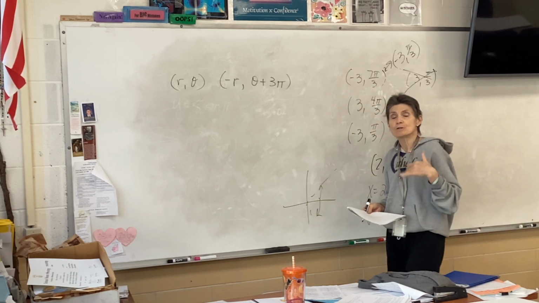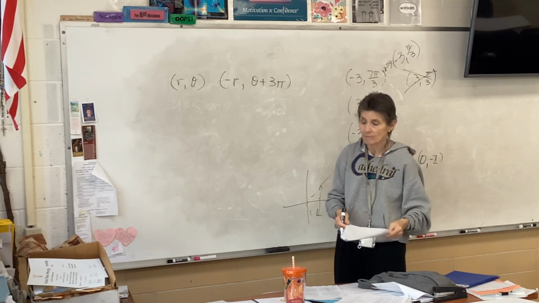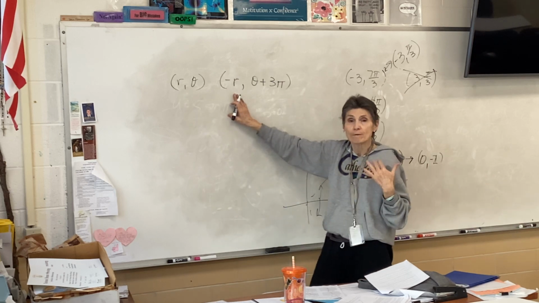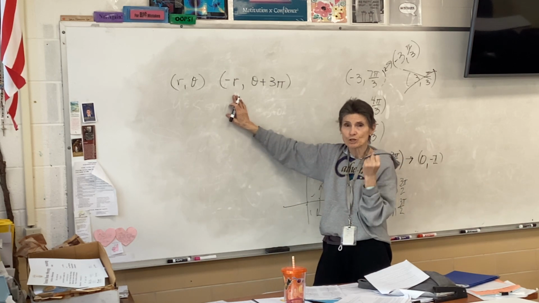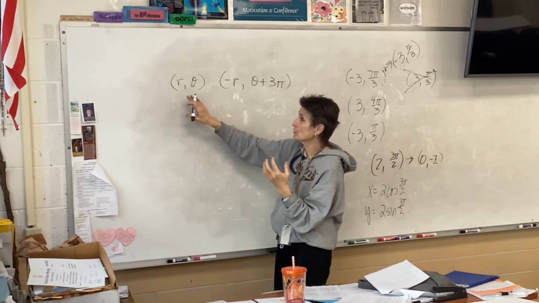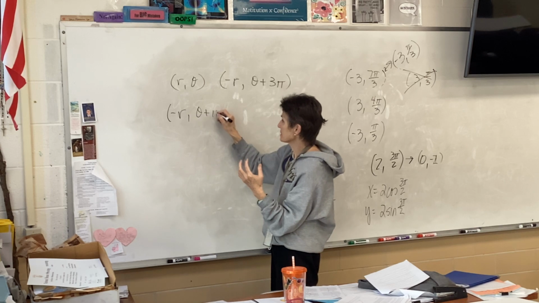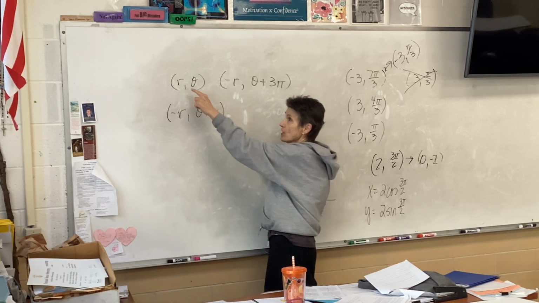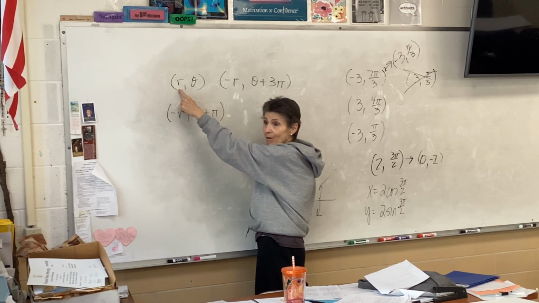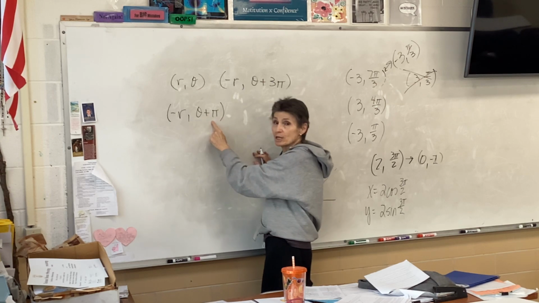If you want to change the sign on r, then your angle has to change by π. So certainly this would be the same as this. If I change the sign on r, my angle is going to change by π.